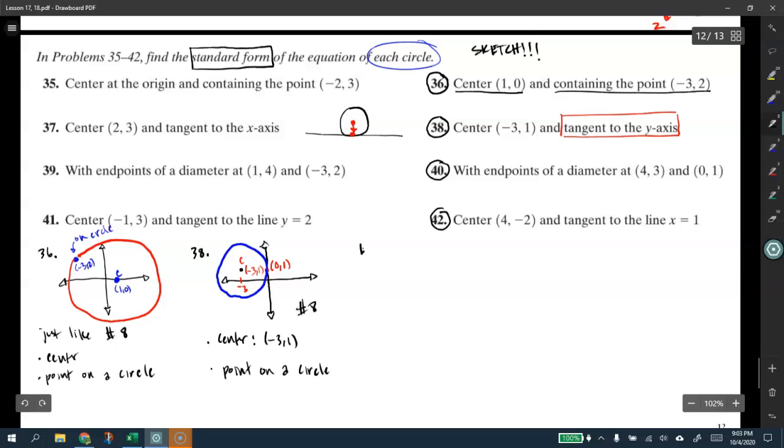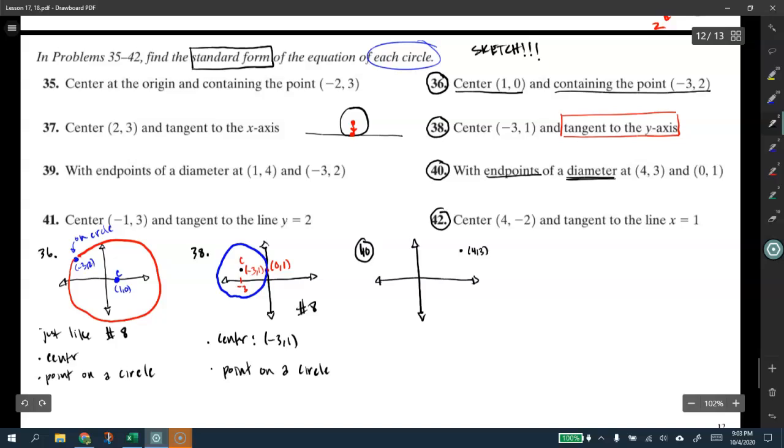All right, let's take a look at number 40. Number 40 says that you've got endpoints of a diameter at 4, 3 and 0, 1. Okay, so once again, let's jot this down. Let's suppose that this is 4, 3, and again, these are the endpoints of a diameter.